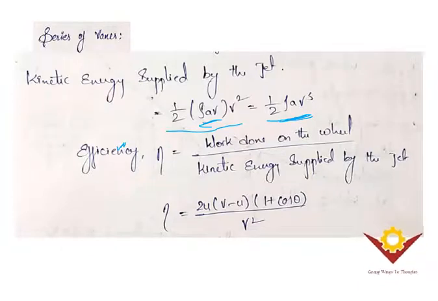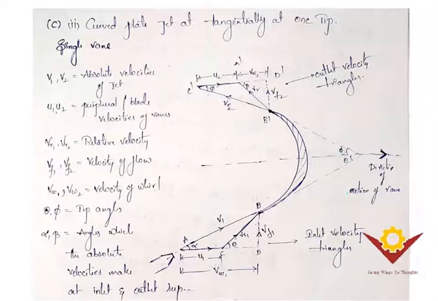And this is the efficiency, which is like outlet divided by inlet. The outlet will be the work done on the wheel, and the inlet will be the kinetic energy supplied by the jet. And finally your efficiency equals 2u (V minus u)(1 plus cos theta) divided by V square.